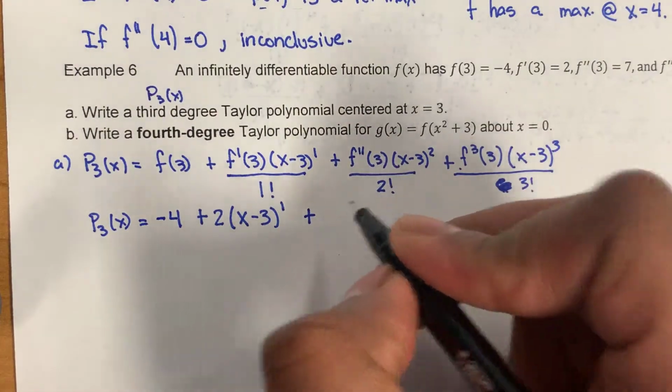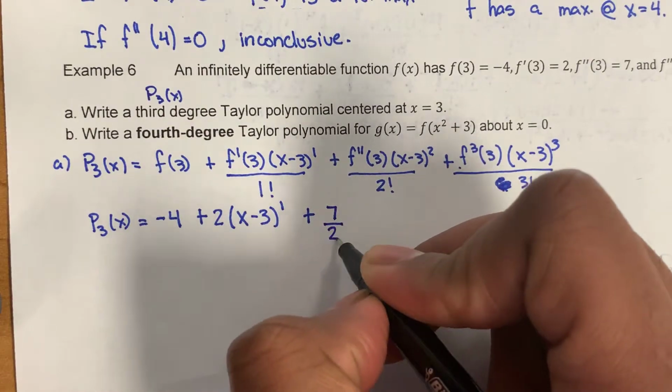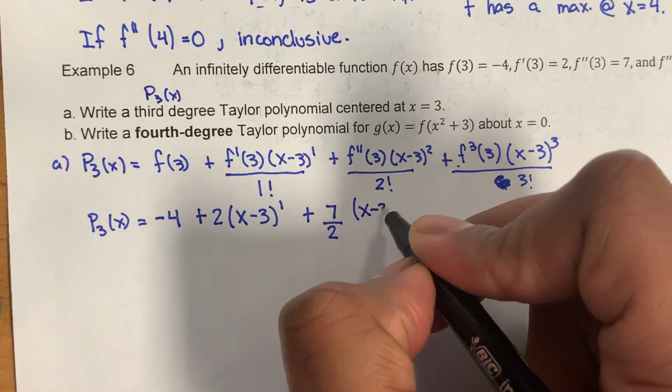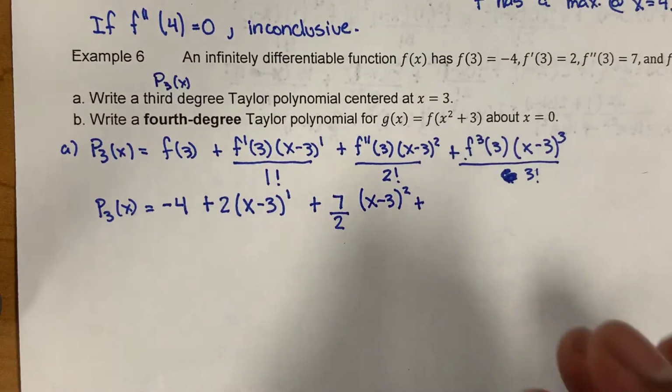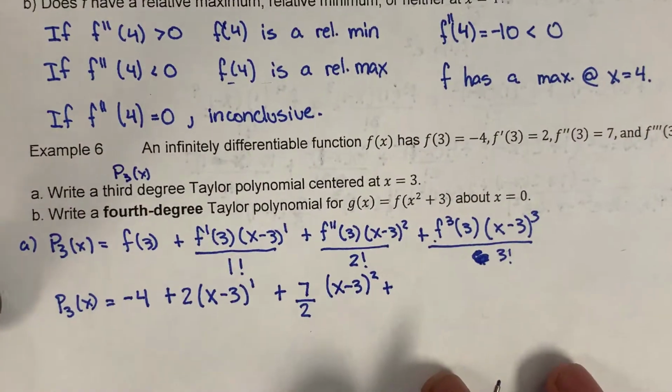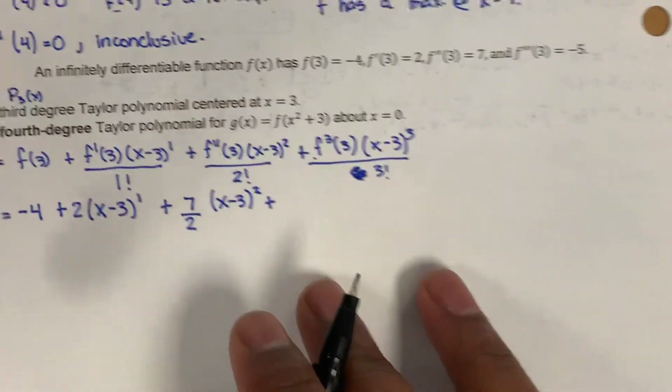So we're going to have 7 over 2 factorial, which is 7 halves, times x minus 3 squared, plus then the third derivative, if you see in your notes, is -5.